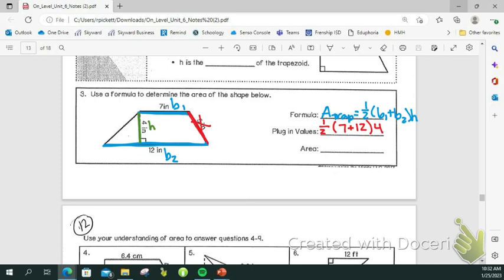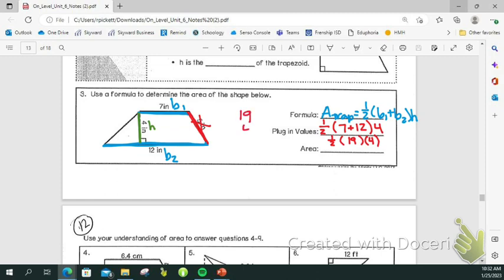So you've got to do that addition, which makes 7 plus 12, so that's 19. So now we've got 1/2 times 19 times 4, which looks just like the formula for a triangle. So we're going to multiply those two numbers and then divide by 2.